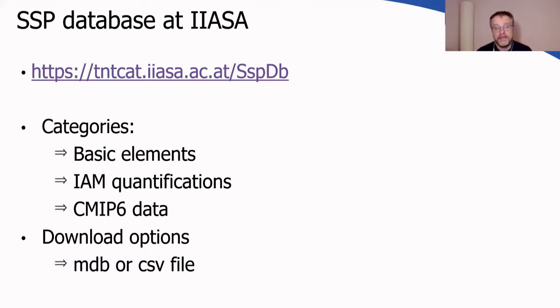It contains the integrated assessment model quantifications of energy use, greenhouse gas emissions, land use, all those aspects of integrated assessment scenarios. And it contains the CMIP6 data on emissions of greenhouse gases and air pollutants. All of those data are available for download and to process further in different formats.